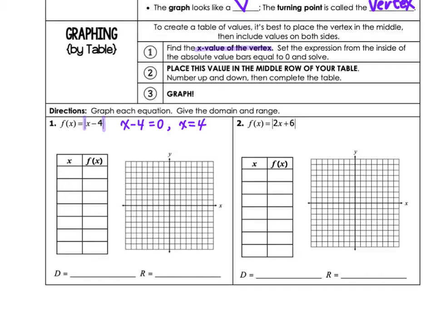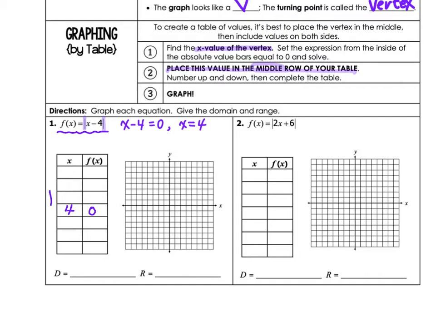So where are we going to place that? Yes, that's going to the middle row of your table. So I'm going to put 4 here in the middle. If we place 4 into the original function, our y value will be 0, right? Then what is the next thing you're going to do?